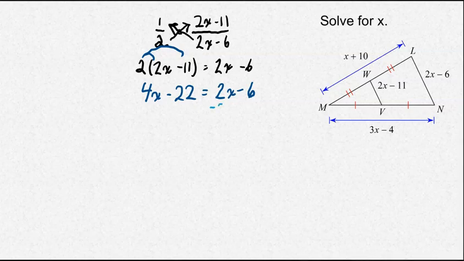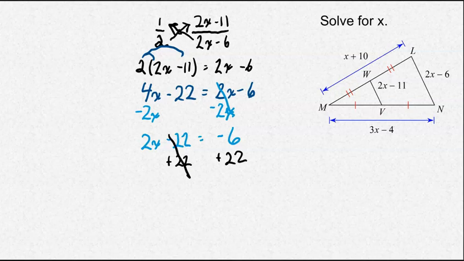I like to keep my x term positive whenever possible, so I am moving my 2x over the equal sign and subtracting that, creating 0 on the one side, and then bringing this down here. And now I'm going to add the 22 to both sides, creating the 0 here.